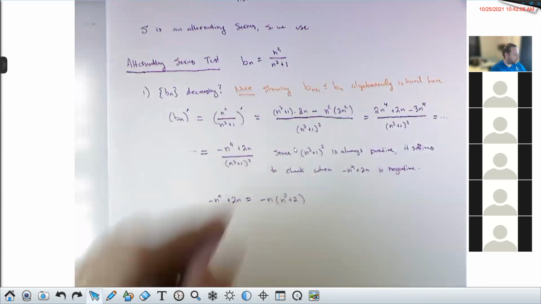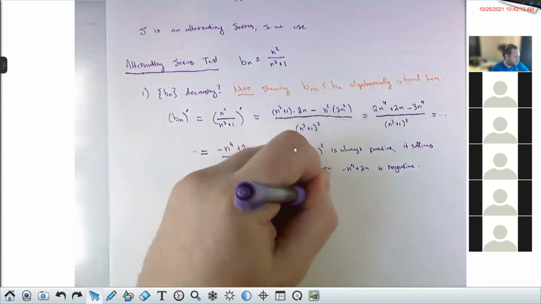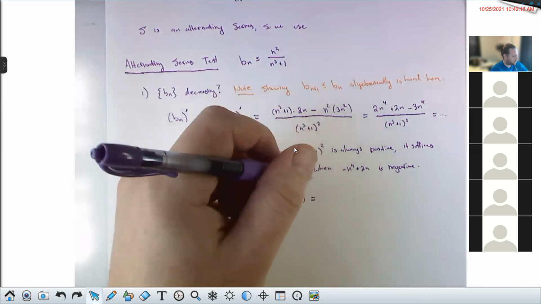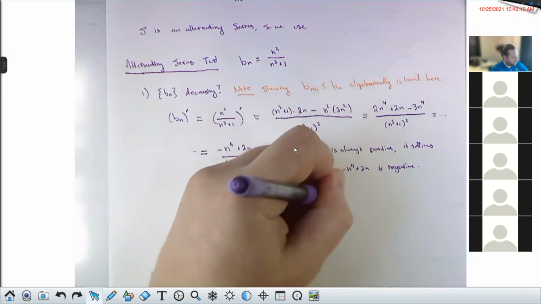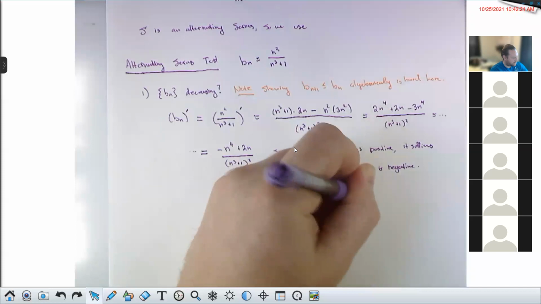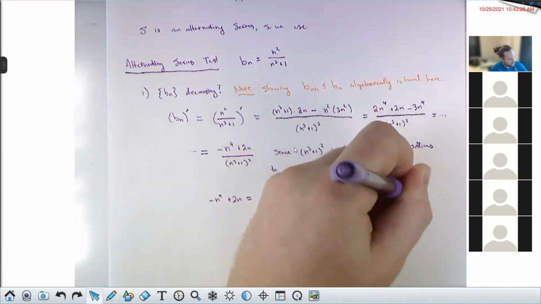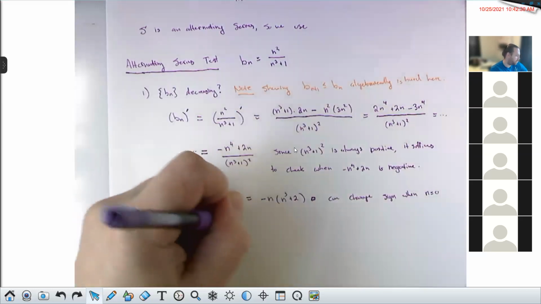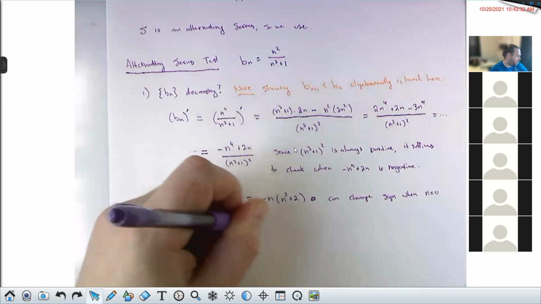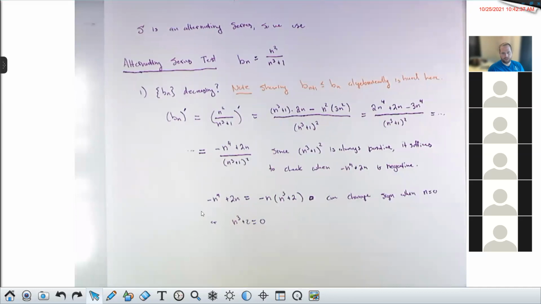So this thing is capable of changing signs at a few different places. Let me say it like this. So this can change sign when n equals 0 or n cubed plus 2 equals 0. Now there are 3 solutions to that second equation, n cubed plus 2 equals 0.